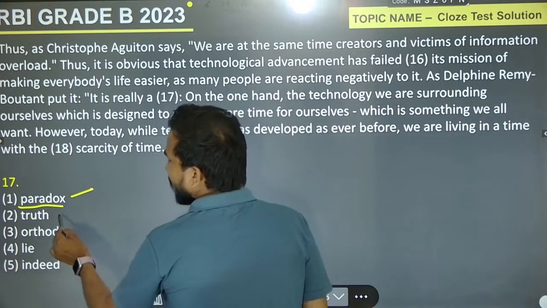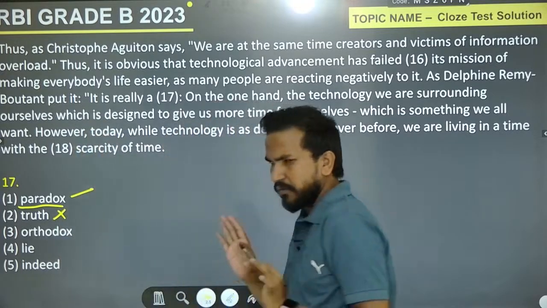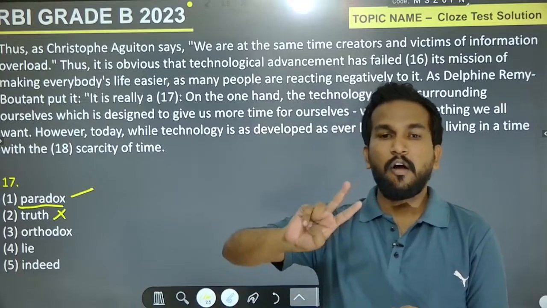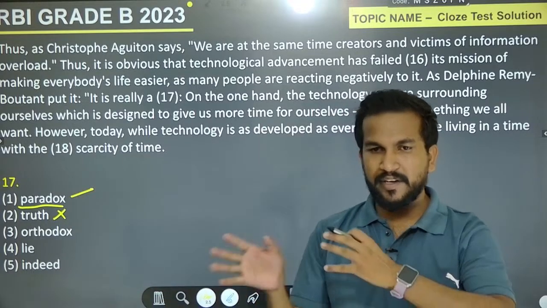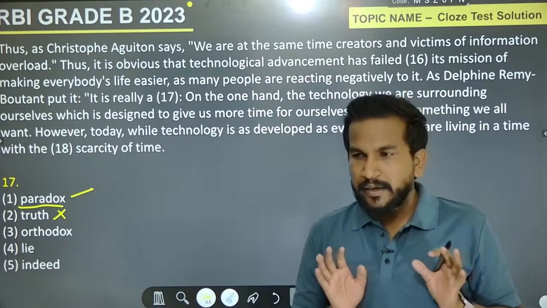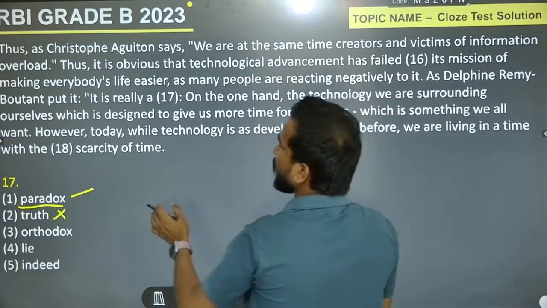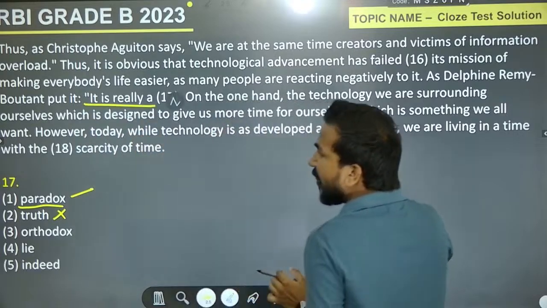It must be truth? No sir. What are we talking about? We are talking about the two factors of technology, the positiveness and the negativeness of technology. So here we have a situation that is really a paradox.